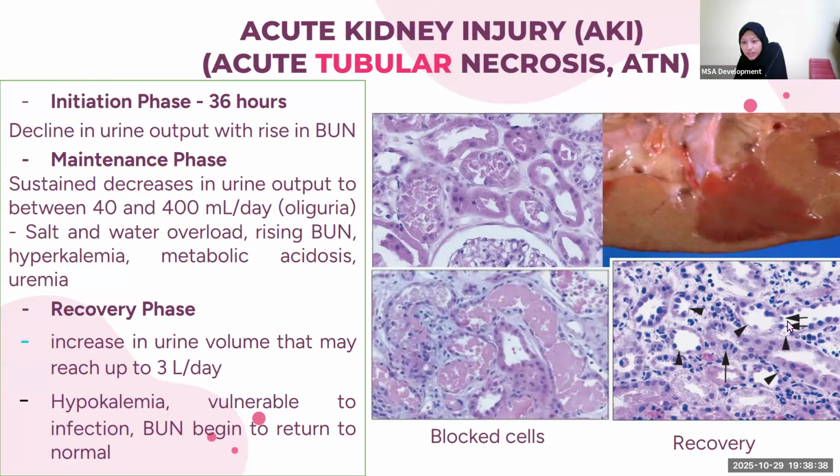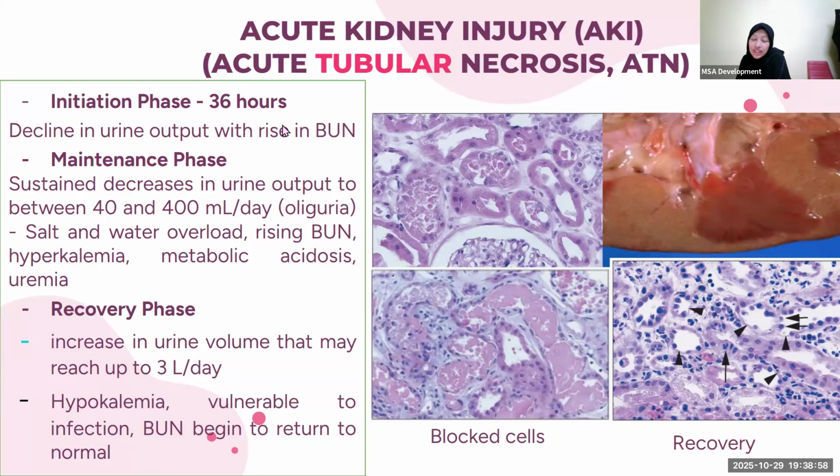You would see some sort of mitosis, some cells coming back to life, and the edge, the basement membrane forming together, forming a complete tubule cell. So all of these are signs of recovery. These are blocked cells. This is necrosis.